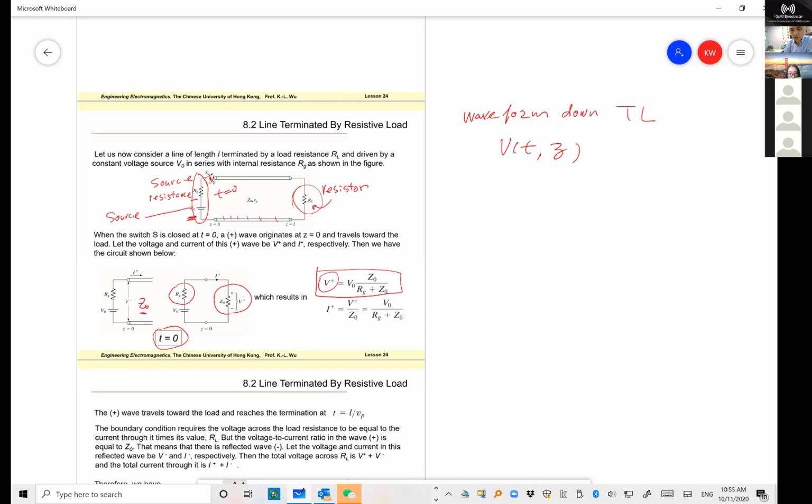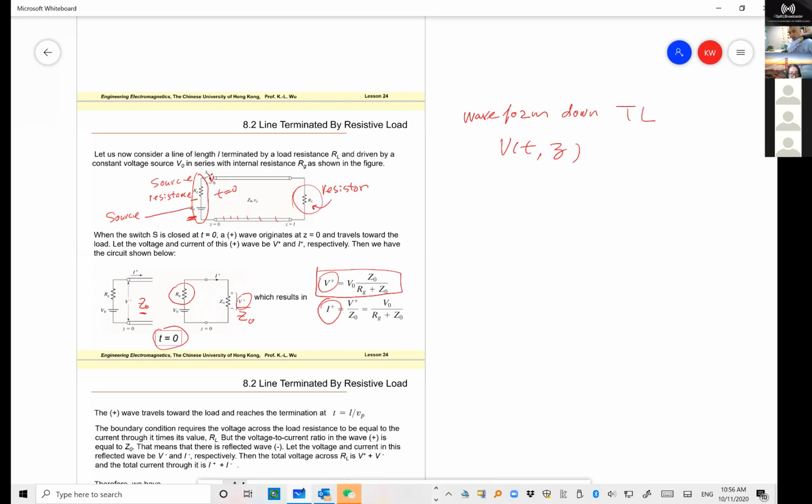Then what is the current? The current at t equal to 0 is the voltage we have across the load, divided by this, right?